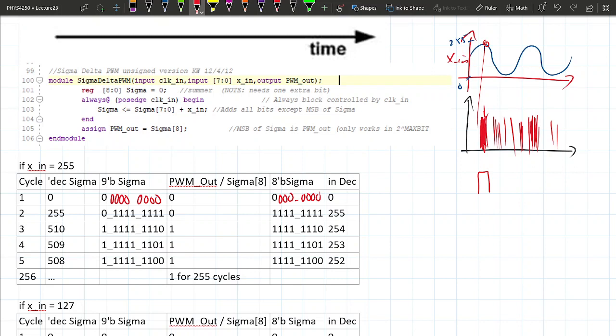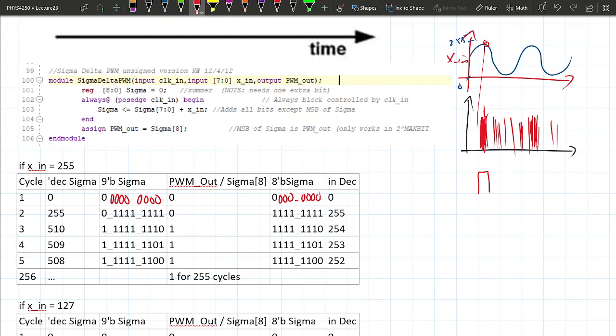But next time the clock goes up to its positive edge again, xn is this constant number, 255 all the time. Every time the clock goes high, we're going to have to add 255 to this number. Currently this number is 0. 0 plus 255, and I'm going to shift that over to sigma itself, so I'm going to replace 0 with 255, because 0 plus 255 is 255.